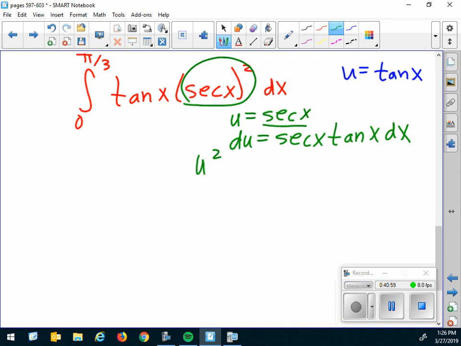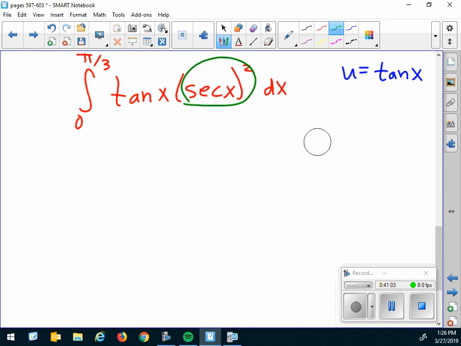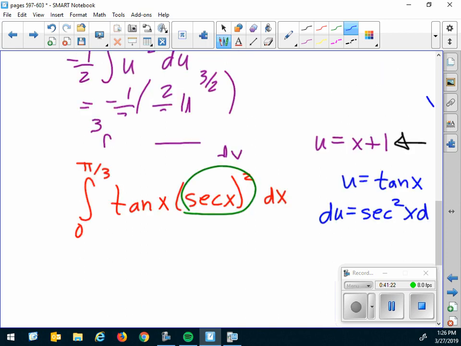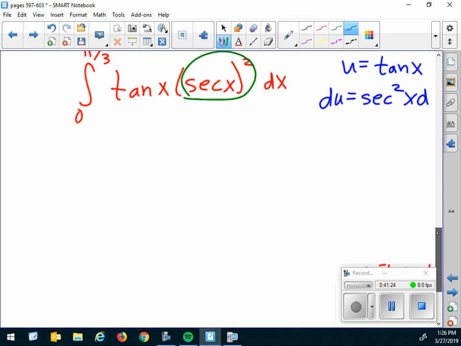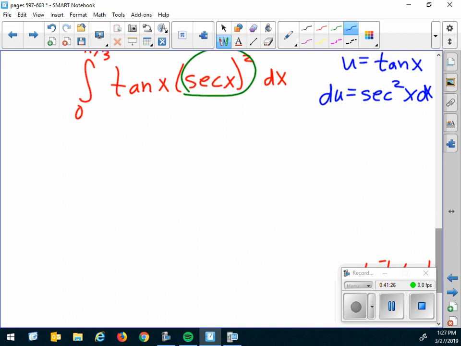So when I realized that, I thought, no, wait a minute. If I let u equal tangent of x, what's du? Oh, it's secant squared x. The derivative of tangent is secant squared. Oh, snap, that's what it is. So du is going to be secant squared x dx.